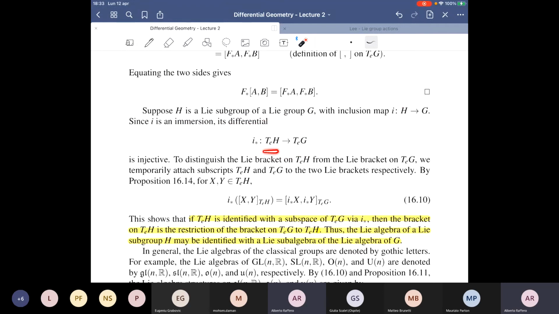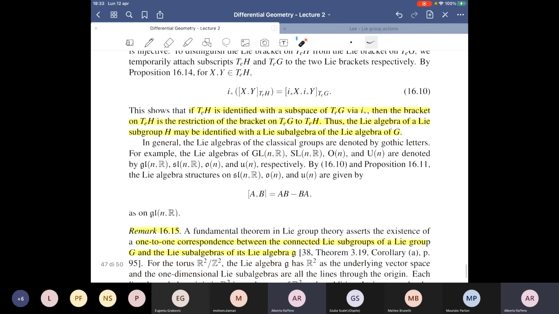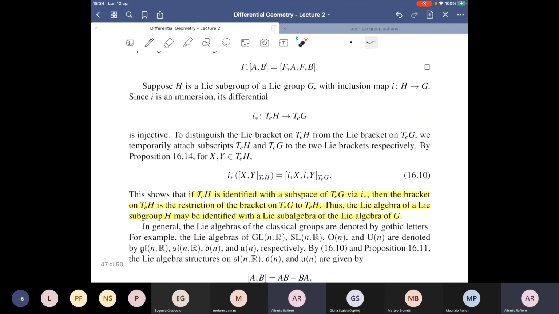It will be a linear map between the tangent space to H at the identity to the tangent space to G again at the identity, since it is a group homomorphism, so it will map the identity to the identity. And in particular, you can identify the tangent space, since such a map is injective.